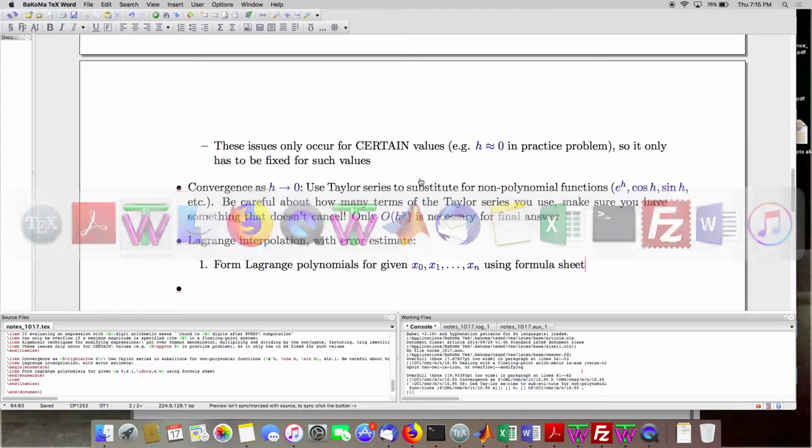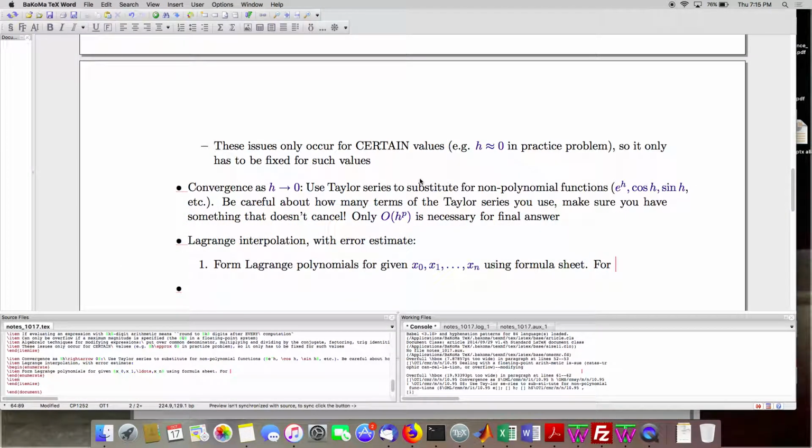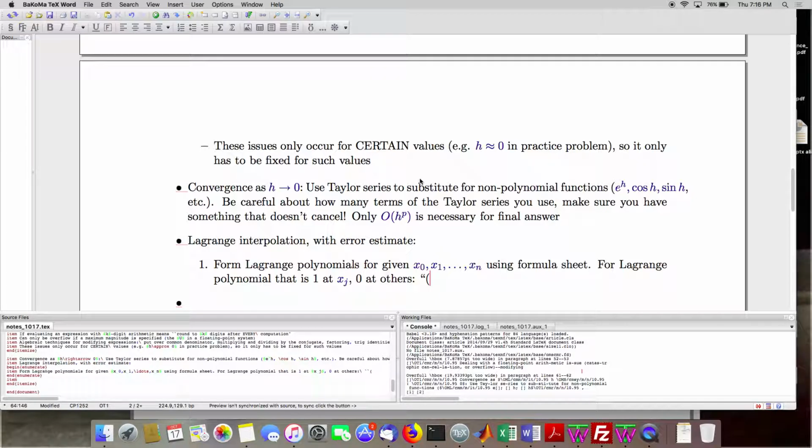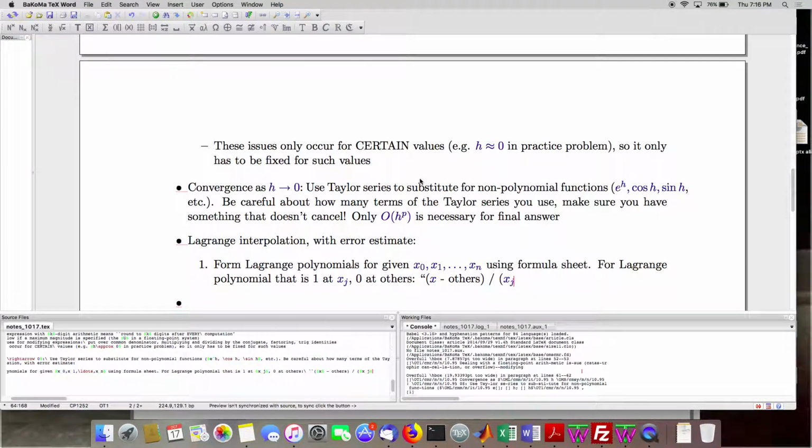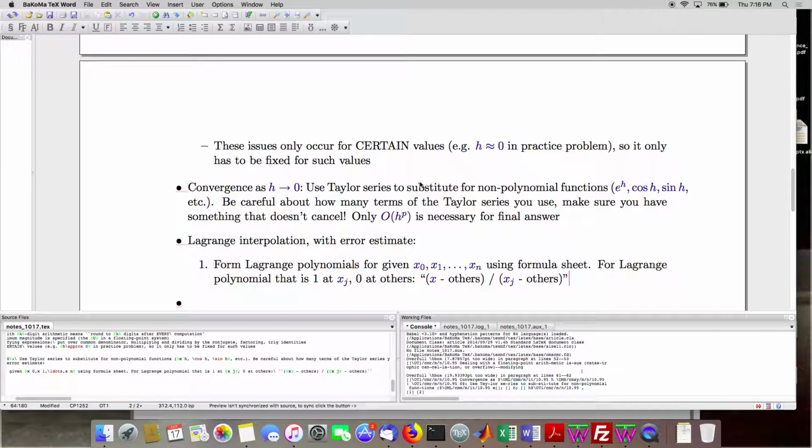For the Lagrange polynomial that is 1 at xj and 0 at the others, it's x minus the others over xj minus the others. So you're always picking out one of these points and all the other x values go in here, and you multiply all these together. That's your Lagrange polynomial.